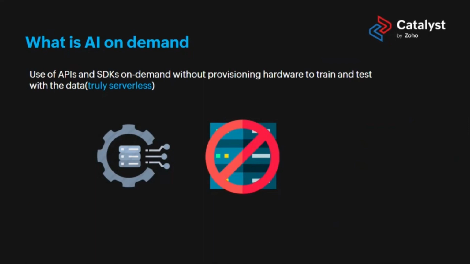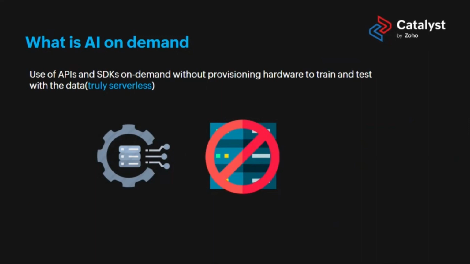The concept of AI on demand is that you don't have to provision or monitor your backend services. You can access these pre-trained APIs using simple REST API endpoints. So the use of APIs, and we have SDKs as well for this, without provisioning or monitoring any backend servers is called AI on demand.